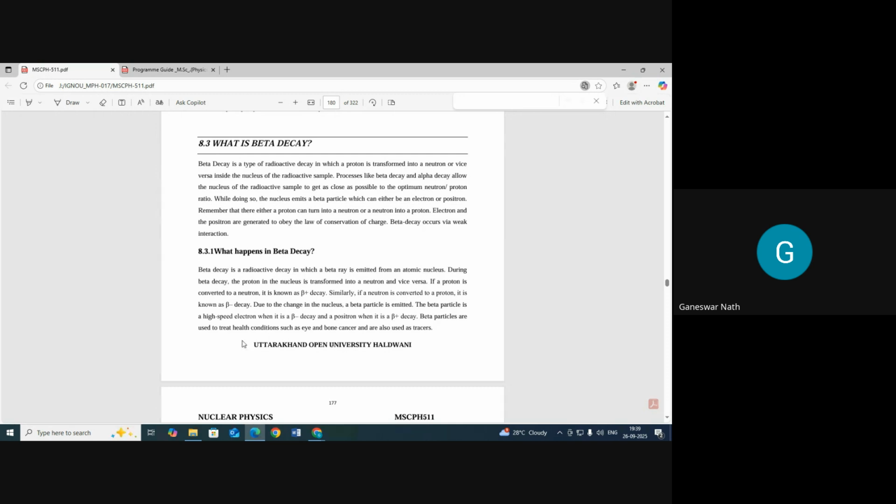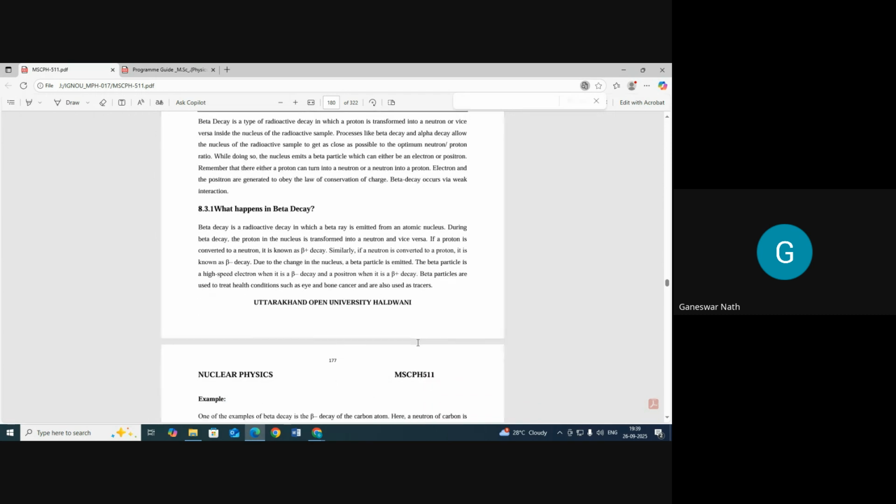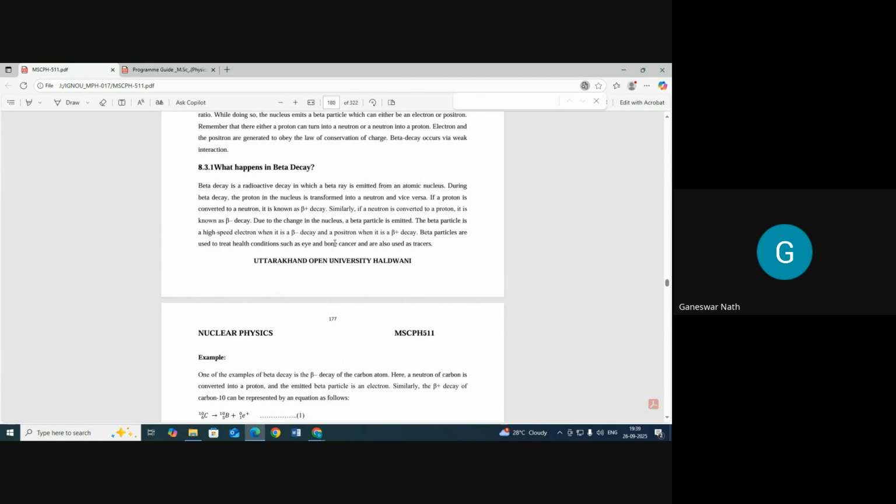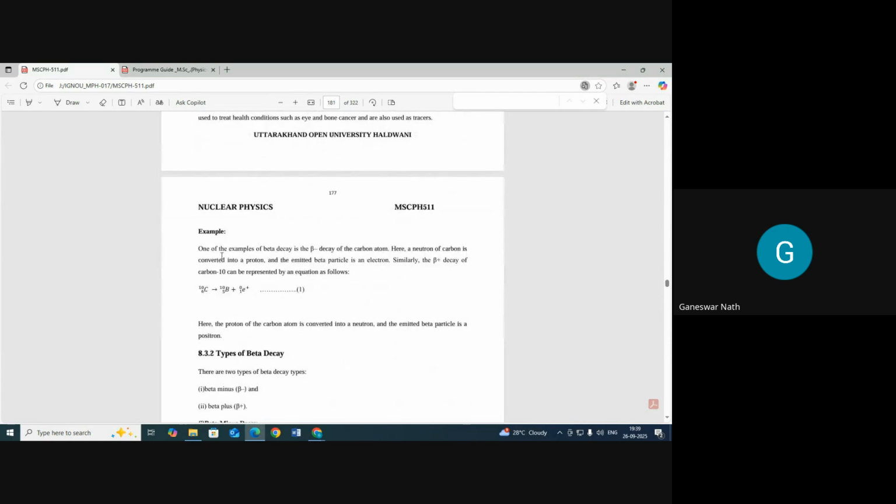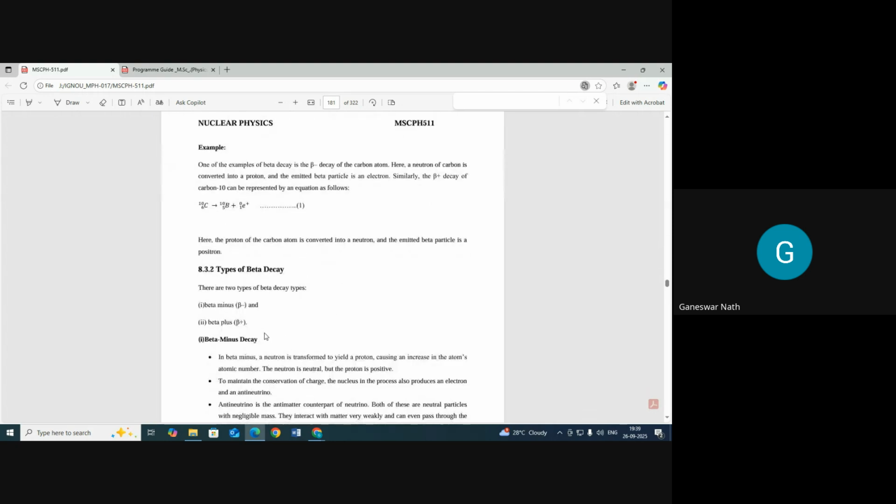Beta particles are used to treat health conditions such as eye and bone cancer, and are also used as tracers. So these are some of the applications of beta decay. For example, carbon-10 can be converted to boron-10 with the emission of a beta plus. Then, the types of beta decay are beta minus and beta plus.